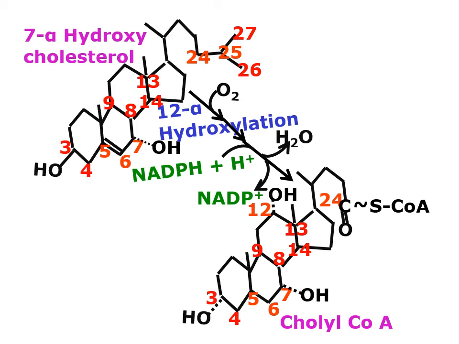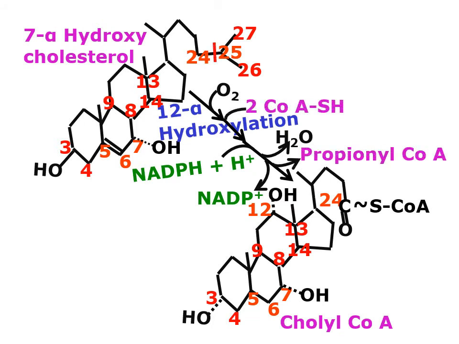So first 7-hydroxylation has taken place, and then one more OH group is added at the 12th position by a series of reactions to form cholyl-CoA. During this process, 3 carbon atoms are removed as propionyl-CoA.